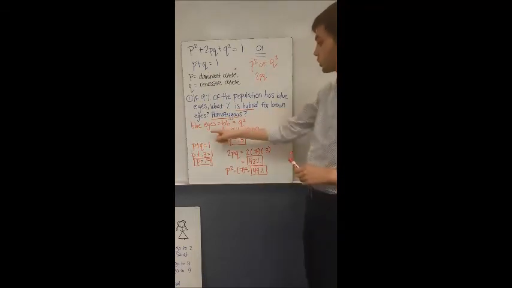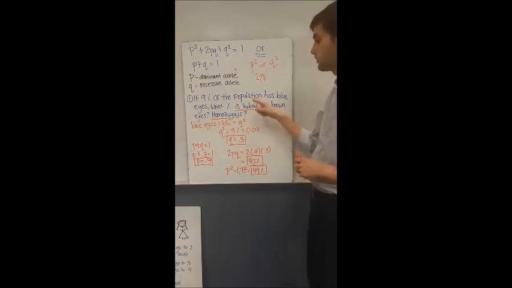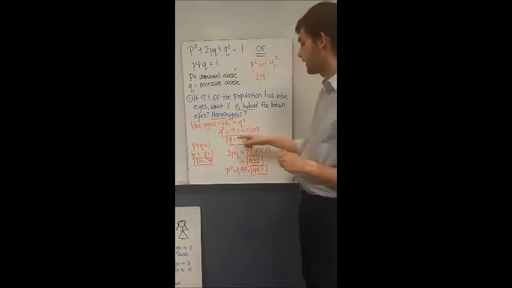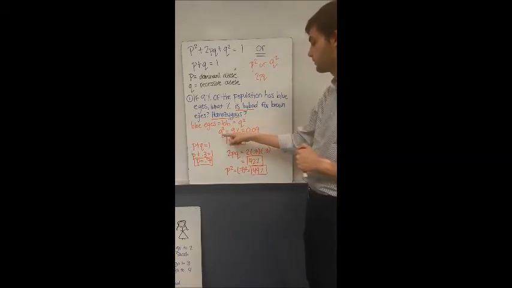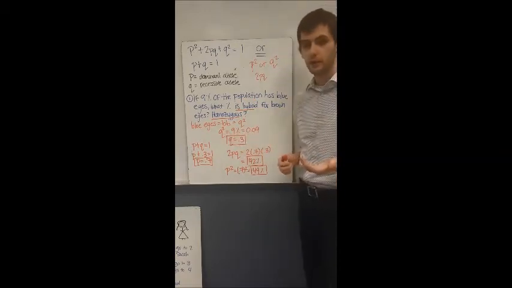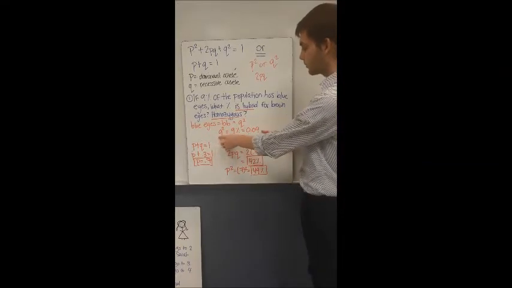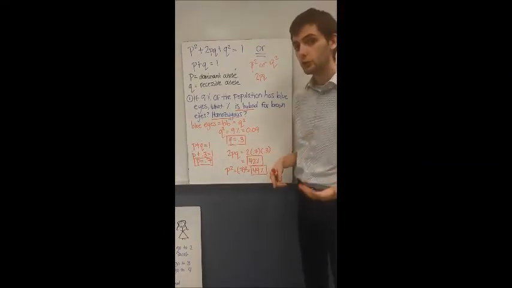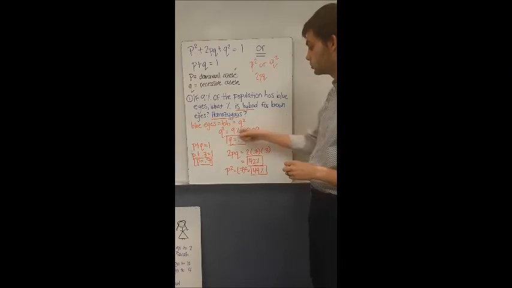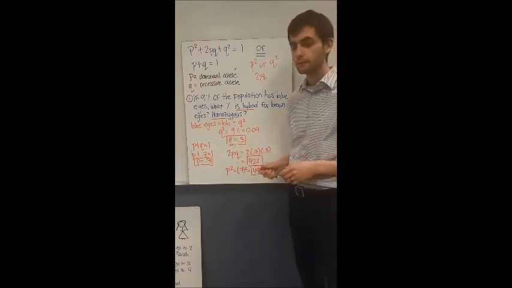So we're given that the Q squared value, or the number of individuals that are homozygous recessive, is 9%. So we convert that to a decimal and we get 0.09. So you have Q squared equals 0.09. How do you get the Q value? Well, you just take the square root. So the actual value of Q is 0.3.